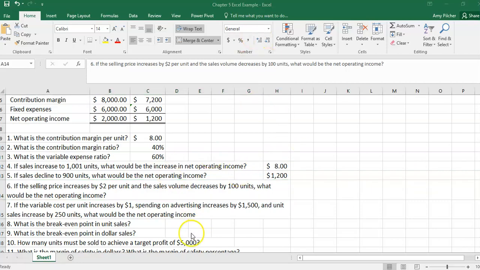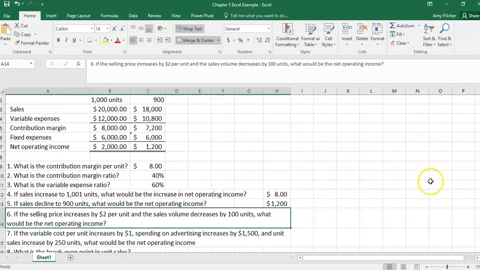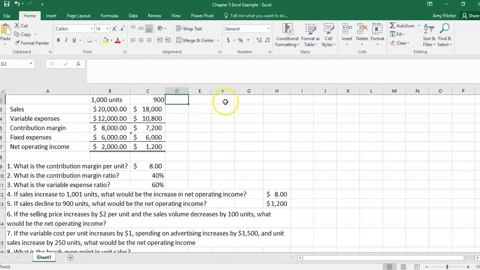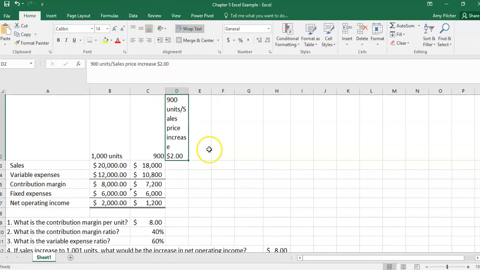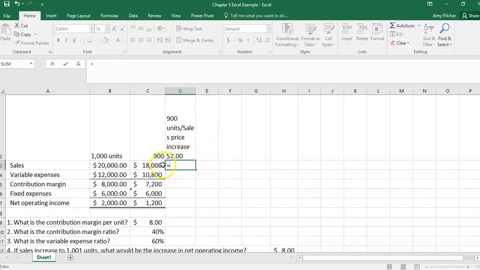So now we're looking at 900 units, but instead of our sales price being $20 per unit, so 900 units, sales price increase $2. Our sales then is 900 times 22.